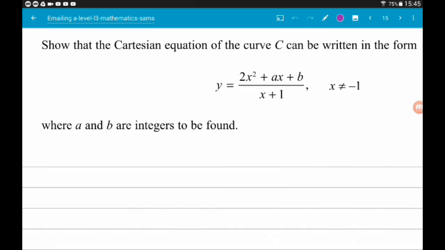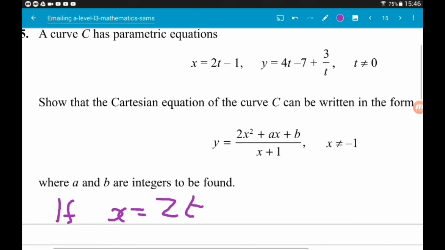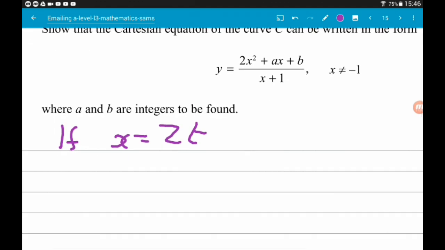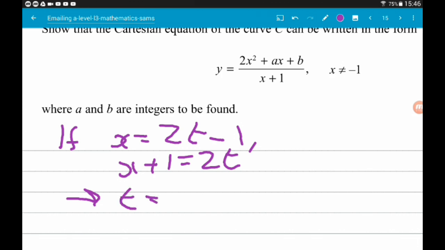So first of all, if x equals 2t minus 1, we're going to rearrange that to get x plus 1 is 2t, therefore t is equal to (x plus 1) divided by 2.